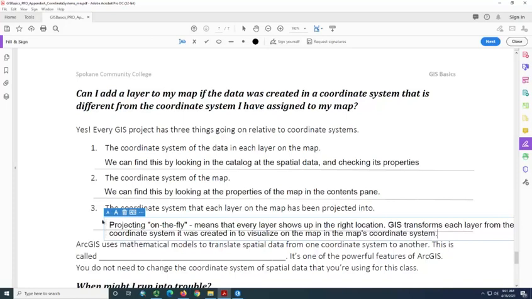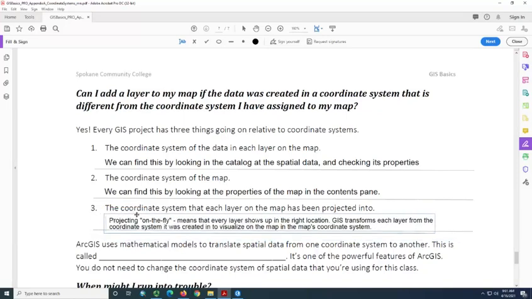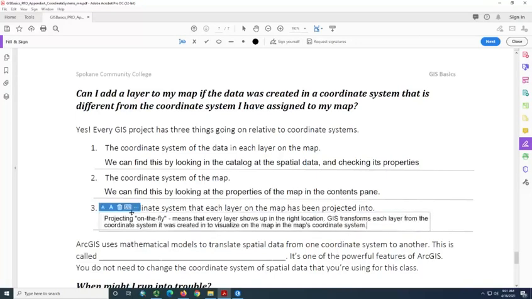Okay, so the coordinate system that each layer on the map has been projected into.